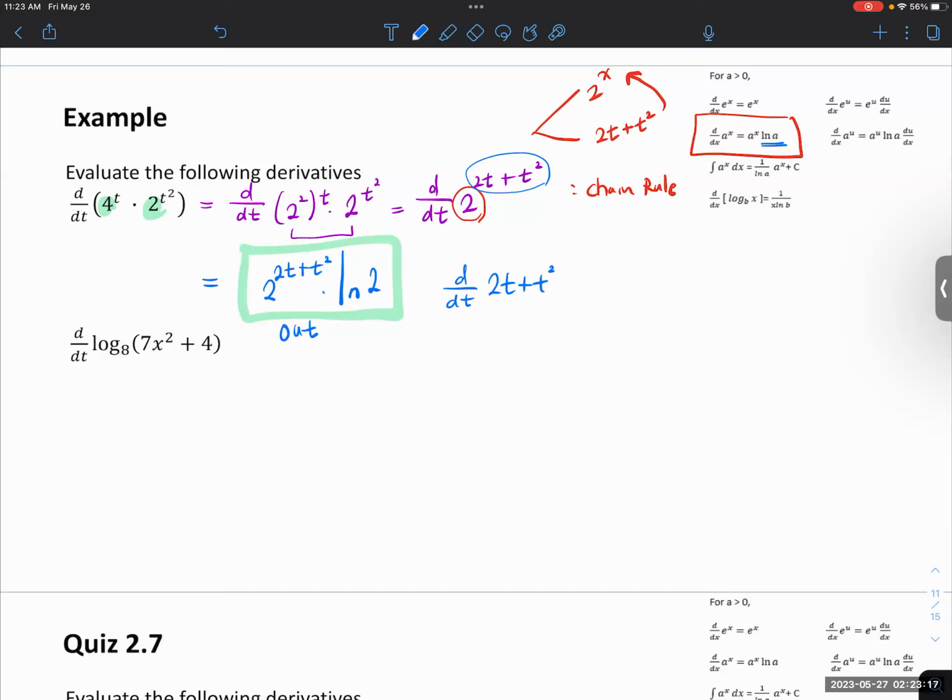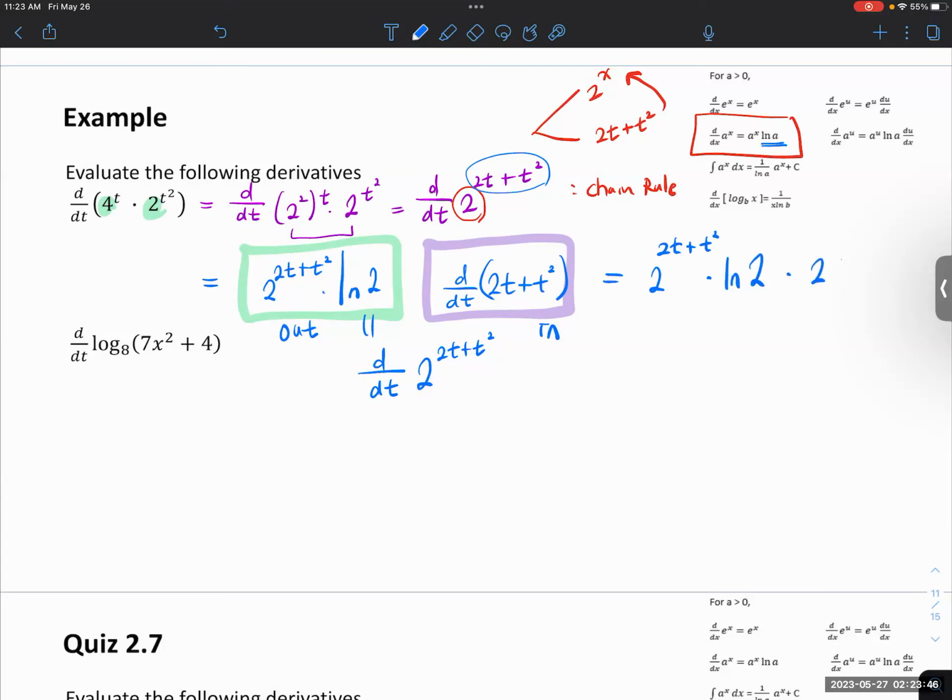So 2, this one is d over dt of 2t plus t to the second. Correct? And then you have to take the inside. This is inside derivative. Yeah? So be careful. This is outside and this is inside. So therefore, 2 to the 2t plus t second, ln 2, and this is going to be 2 times 2t.